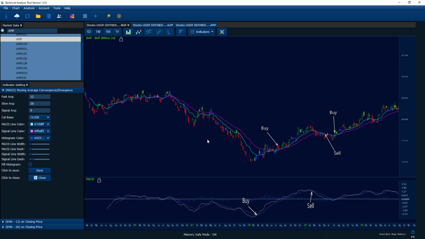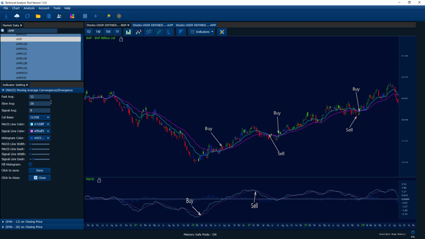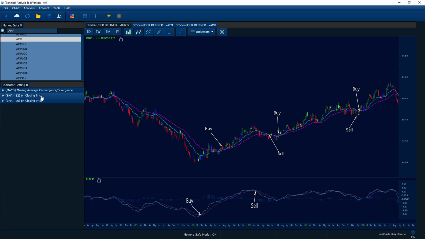How we calculate the MACD line is by using a pair of EMA moving averages. As you can see, we have a faster EMA, which is 12 weeks because I'm opening a weekly chart, that's the light blue one, and also a slow EMA, 26 weeks, that's the pink dashed line.